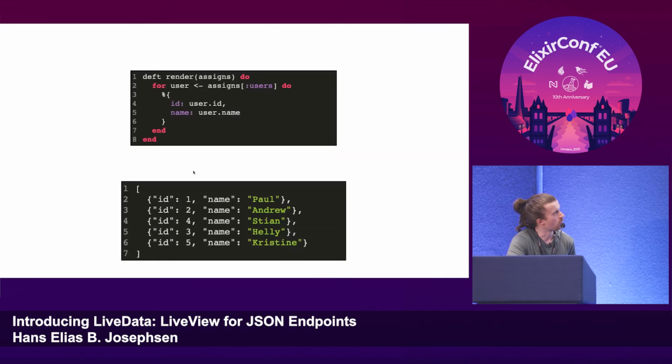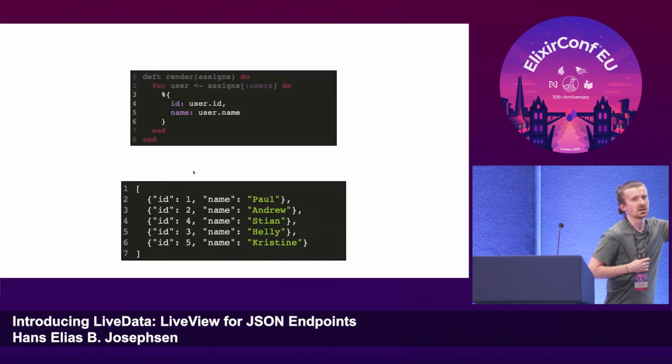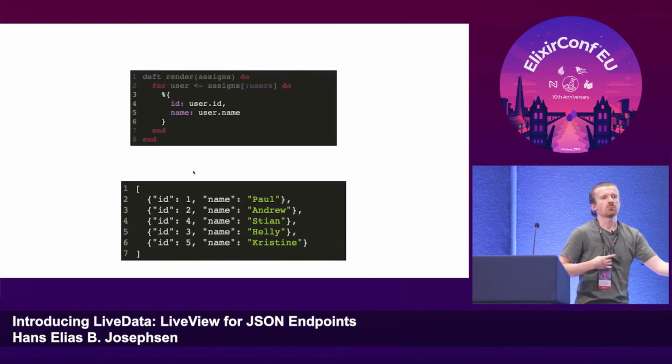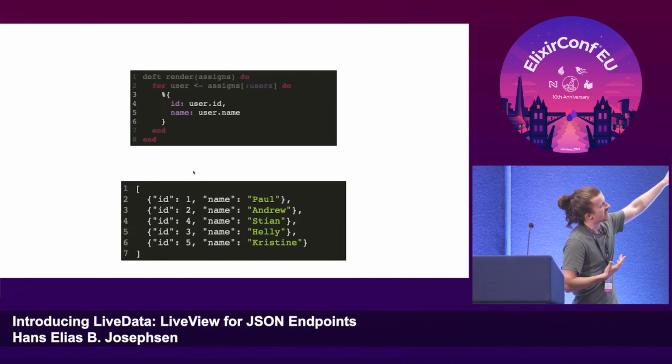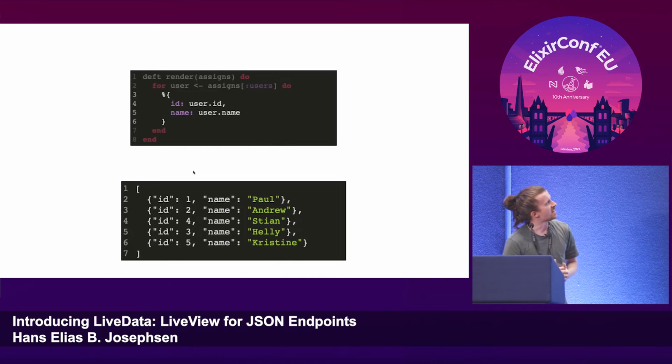This is the same example from before, and we can actually steal or borrow this exact same approach. Because when you think about it, this inner chunk here is uniquely identified by the user ID. So if there were a way we could tell the LiveData framework that this chunk can be keyed by the user ID, that would help us out a bit.